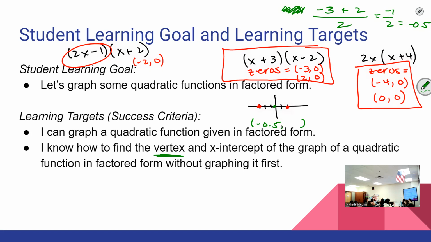To find the y value of my vertex, I now plug it into my equation and solve. So even though we don't usually write the y's, this is still equal to y, this is equal to the output. So if I were to plug in negative 0.5 into my equation, negative 0.5 plus 3, and negative 0.5 minus 2.